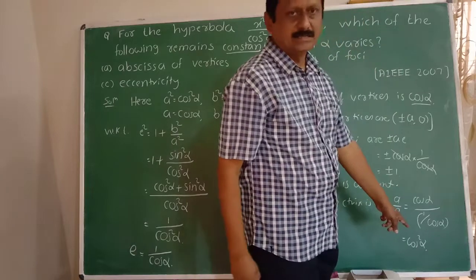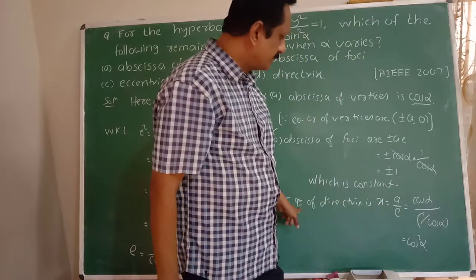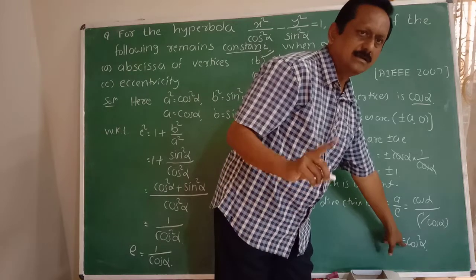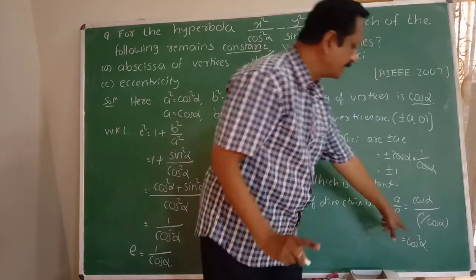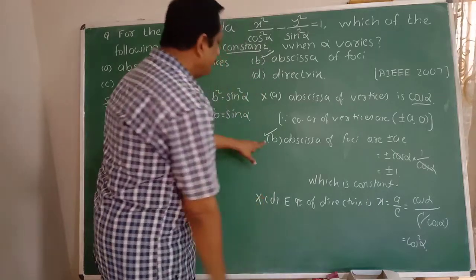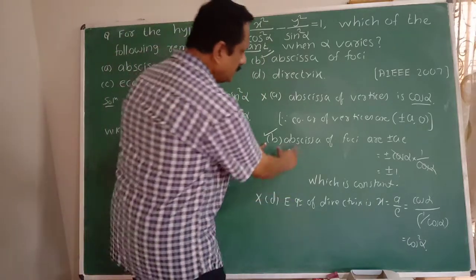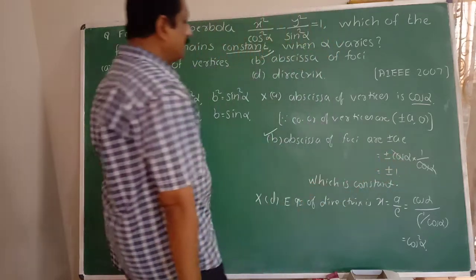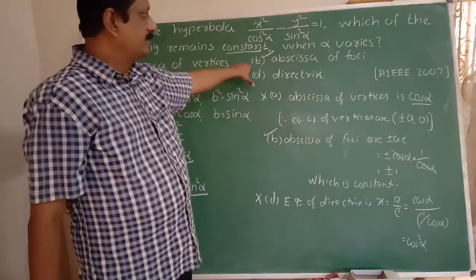Again alpha is present there, so it is not constant. So obviously B is the correct option, because it gives plus or minus 1. Alpha is not present there. Hence the second one is the correct option.